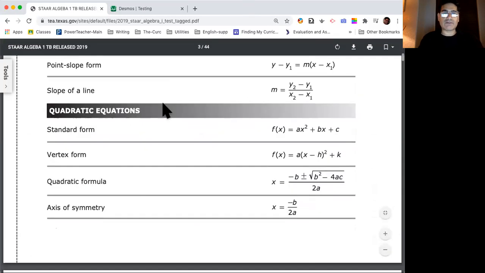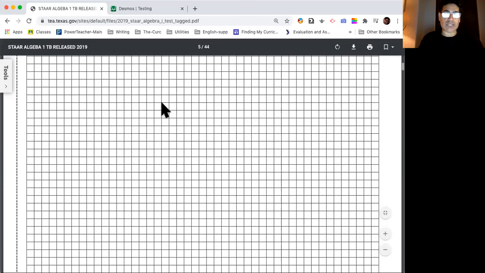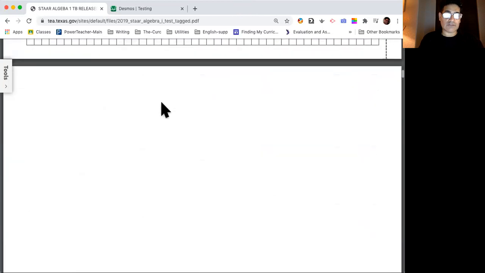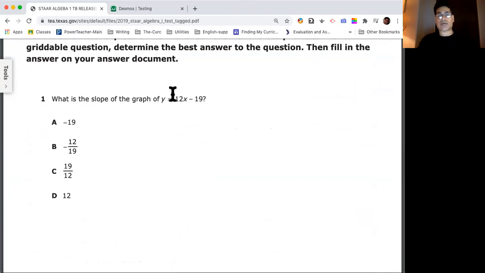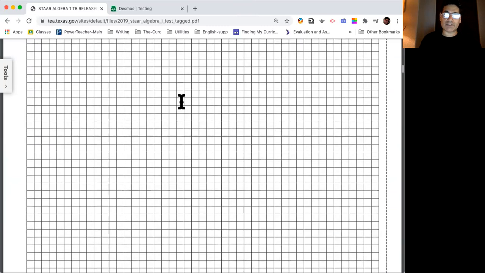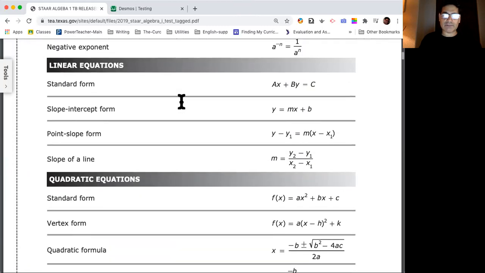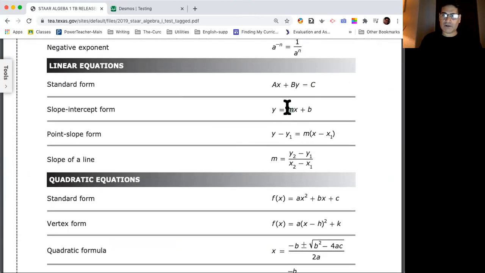So having read the first question, which asks what is the slope of this graph, an easy way to do that is to remember, and have the students, of course, remember that in y equals mx plus b, the slope is the coefficient of the x.